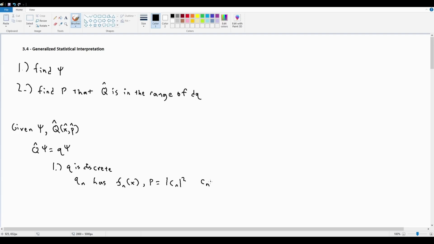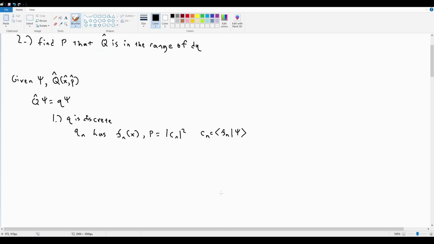So Cn is going to equal the inner product between your corresponding eigenfunction and the actual wave function of interest. We already know this, and I don't think I have to elaborate on this more, because this is just retreading what we talked about starting from chapter 2. In case 2, Q is continuous.